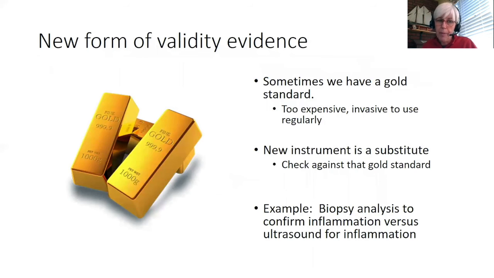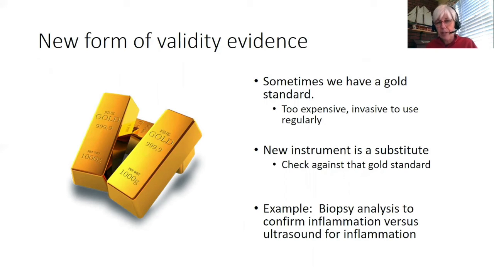The other measurement property that we'll be adding into OFISA is because sometimes domains in an imaging outcome can be captured by a gold standard, but perhaps that absolute truth of the target domain is too expensive or invasive to use on a regular basis. The new instrument would therefore be a substitute for that gold standard, so we better make sure it's doing a good enough job.